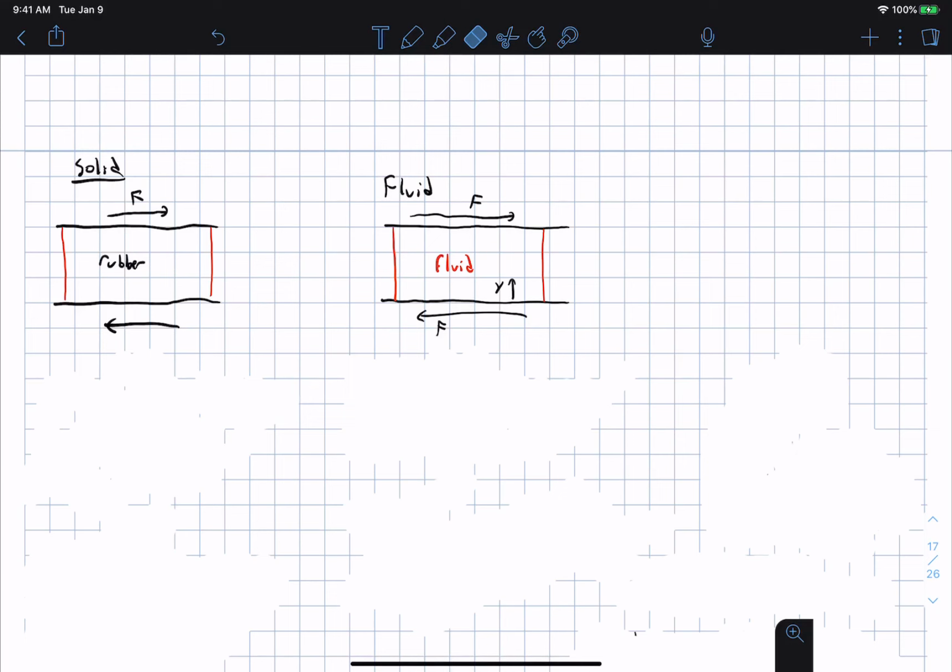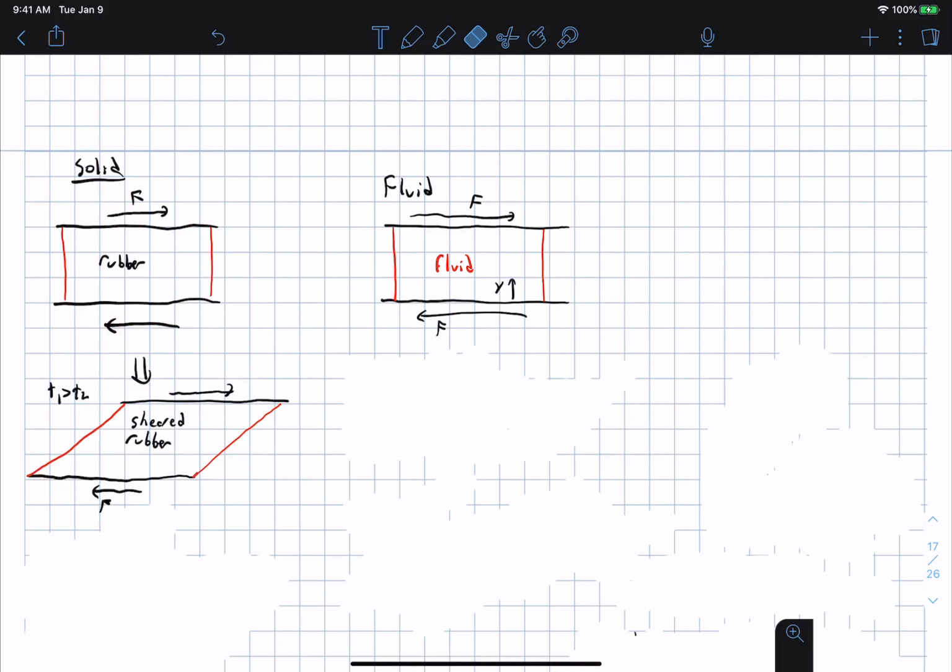and I apply a shearing force F on the top and bottom of it, and I just let it go for a while. Well, you guys know from playing with one of those rectangular erasers that you'll basically put the eraser into a state of shear, and it will deform, and basically the side will rotate by some angle gamma.